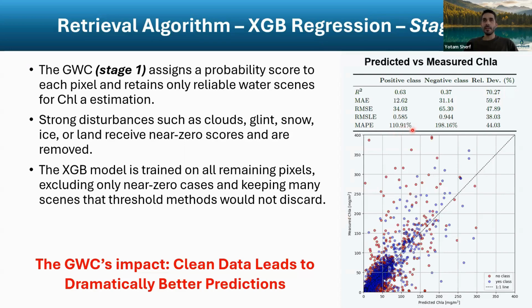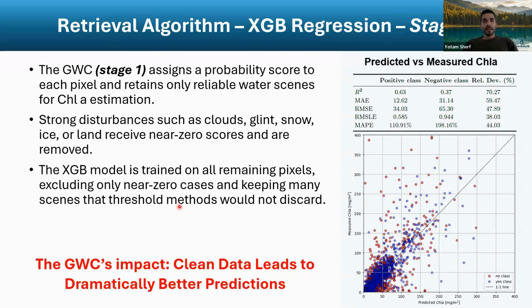You can see in the table the huge improvement of the positive class over the negative one, which in some cases led to more than 50% improvement in R-squared, mean absolute error, root mean square error, logarithmic, and percentile errors. The conclusion is that the Global Water Classifier's impact is that clean data leads to dramatically better predictions. This is the cornerstone that allows us to improve the results significantly.